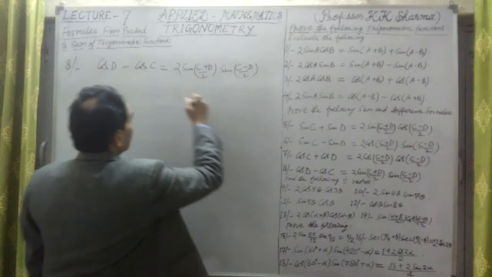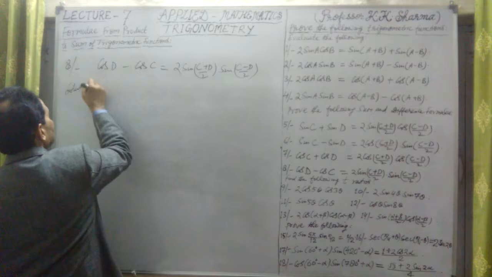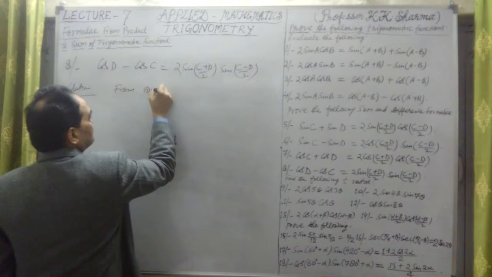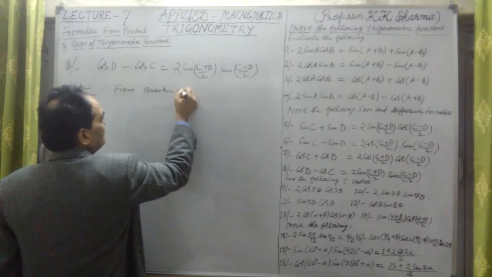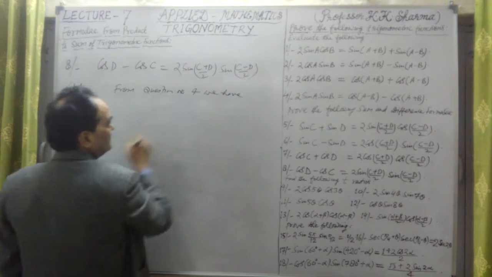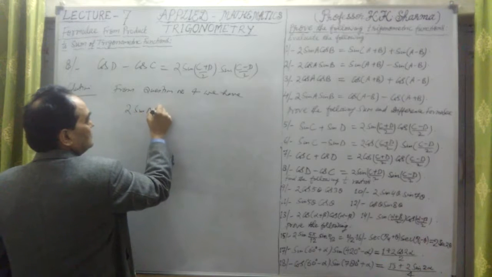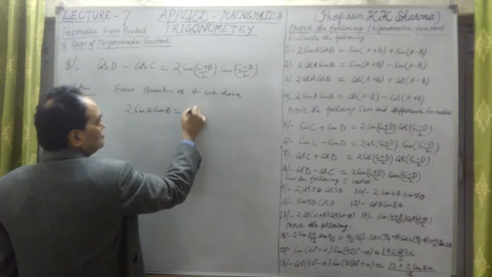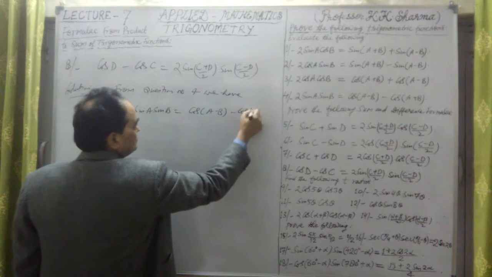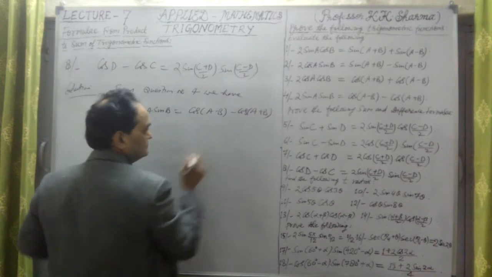Okay, so this is the solution from question number 4. From question number 4, what do we have? We have there 2 sin A into sin B equal to cos (A minus B) minus cos (A plus B). Okay, this is there.